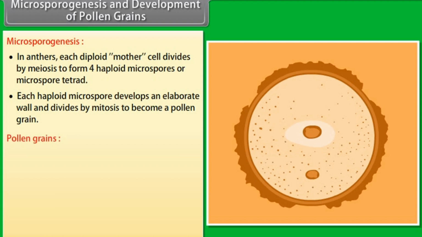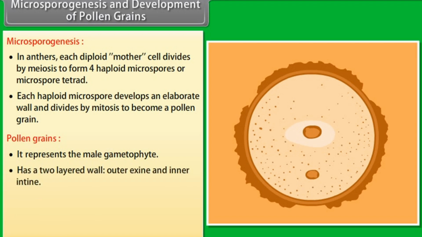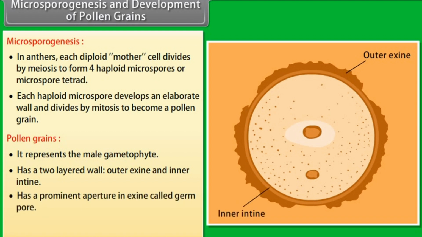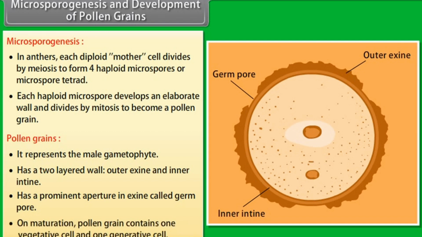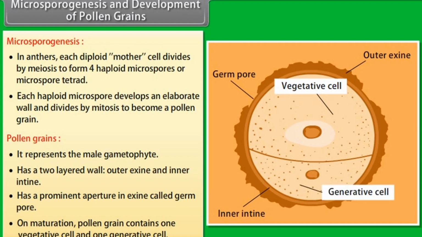Pollen grains represent the male gametophyte. They have a two-layered wall, outer exine and inner intine, and a prominent aperture in the exine called germ pore. On maturation, a pollen grain contains one vegetative cell and one generative cell.